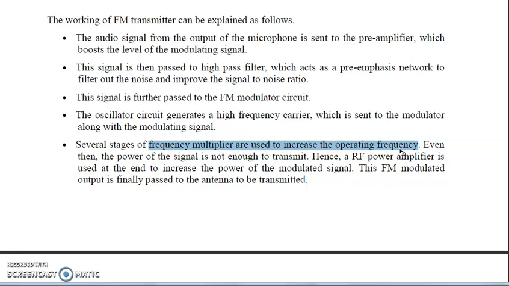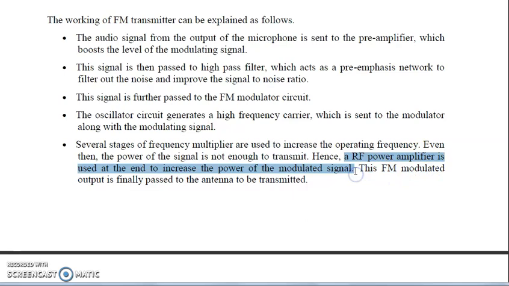Even then the power of the signal is not enough to transmit. That's why an RF power amplifier is used at the end to increase the power of the modulated signal. So at the end of the block diagram, what is the function of the RF amplifier?